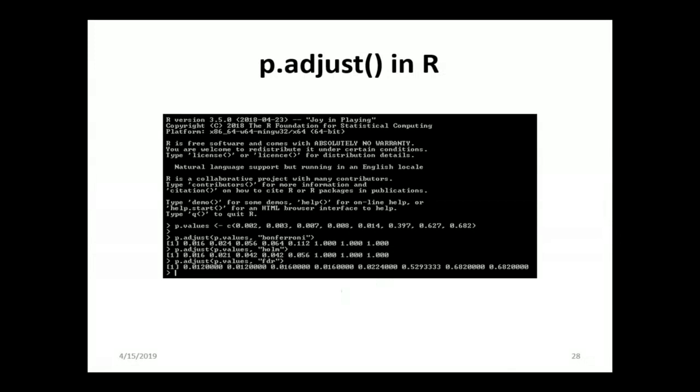So I can tell it to do a Bonferroni, I can tell it to do a Holm, I can tell it to do a false discovery rate, and that just spits out the numbers that I showed you in the table before. So the nice thing about this is you don't need to integrate this into your analytic workflow. All you need to do is do the analysis you were going to do anyway, and then at the end of the day, just collect all your p-values and stick them in here.